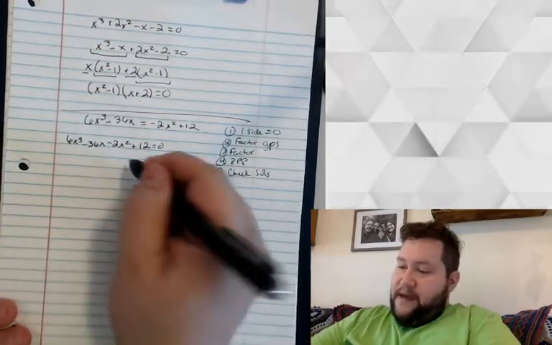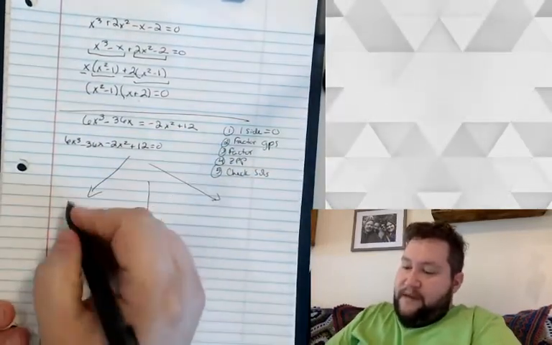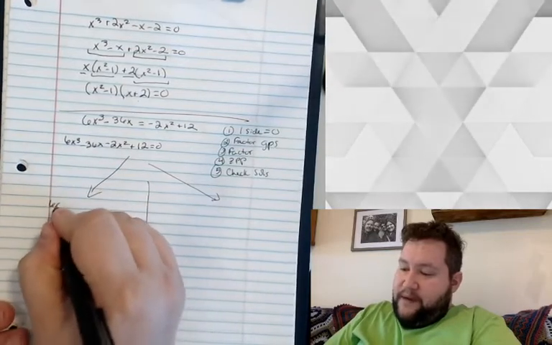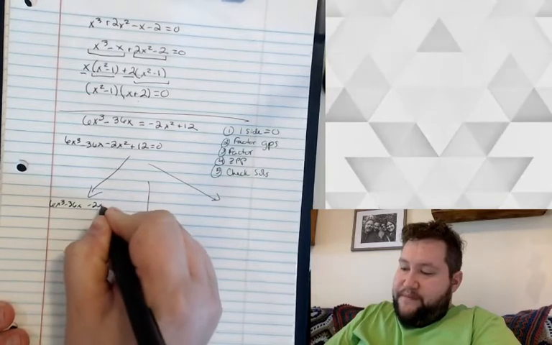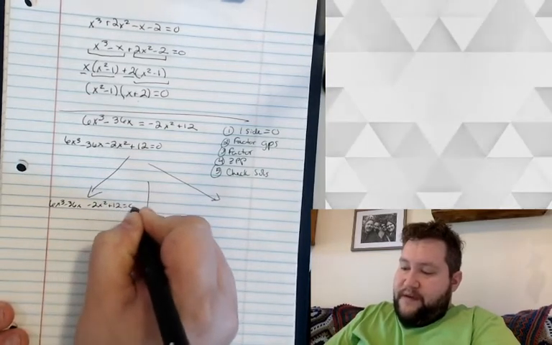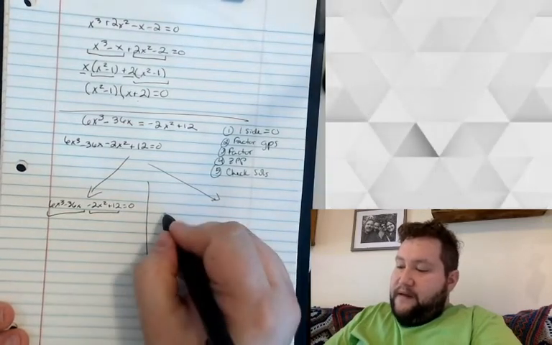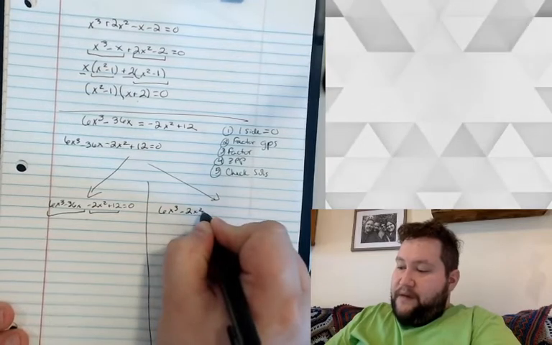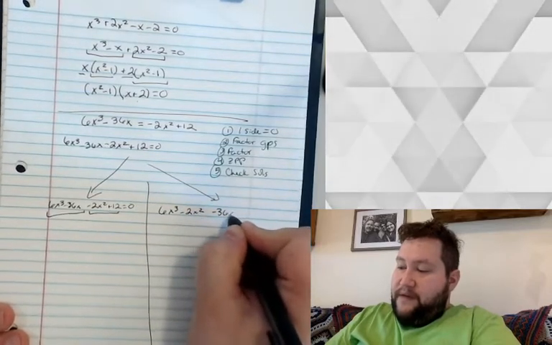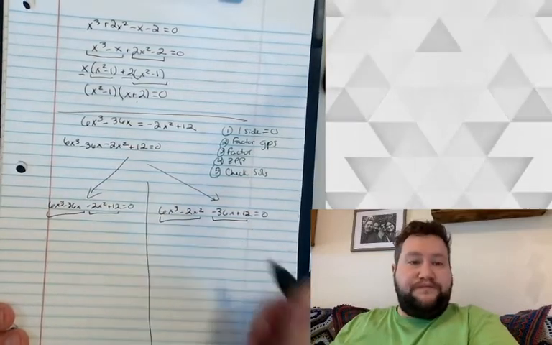So we could group it in this way, 6x cubed minus 36x minus 2x squared plus 12 equals 0. So that's a group, and that's a group. But we could also write it as 6x cubed minus 2x squared minus 36x plus 12 equal to 0, and group it into those two.